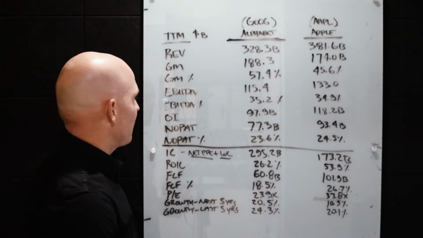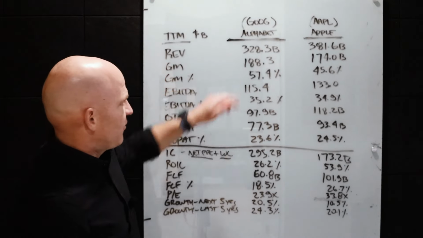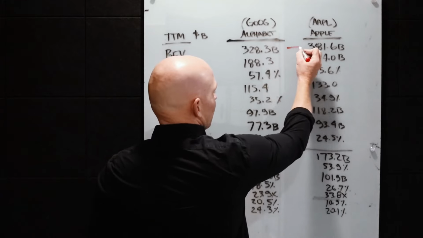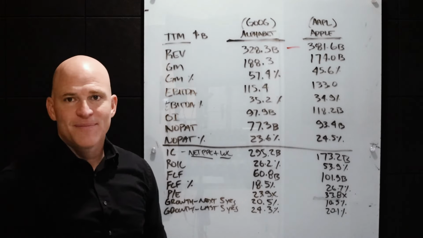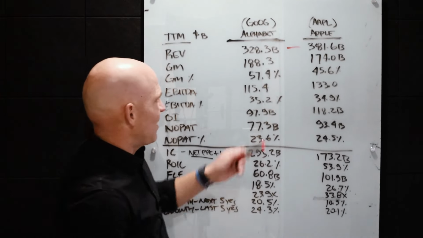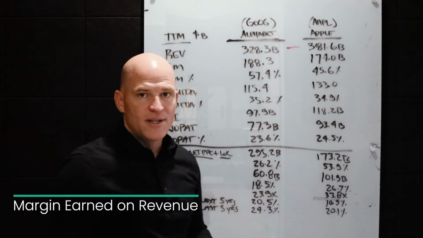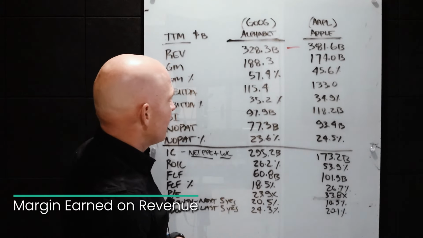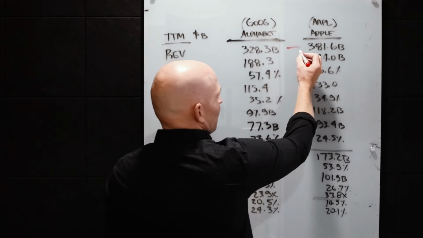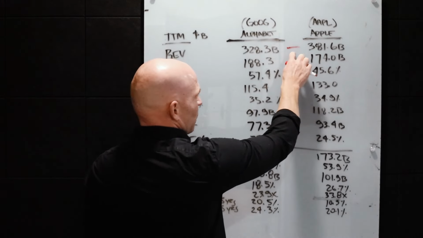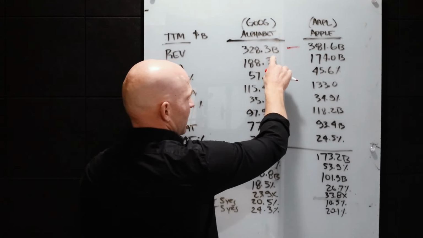Okay, so let's look at these numbers and evaluate the performance. I'll use a red marker here. And let's just look at revenue. Apple has Google beat as it pertains to revenue. But revenue, shrevenue, who cares about revenue? At the end of the day, it comes down to the margin that is earned on that revenue. So check this out. Apple does about $50 billion more work compared to Google.